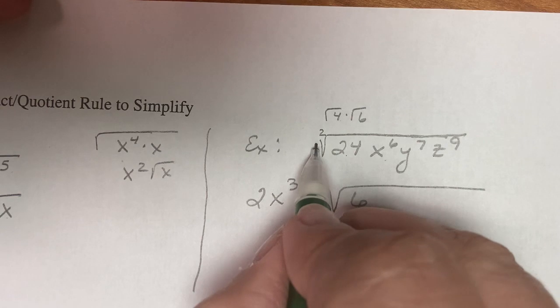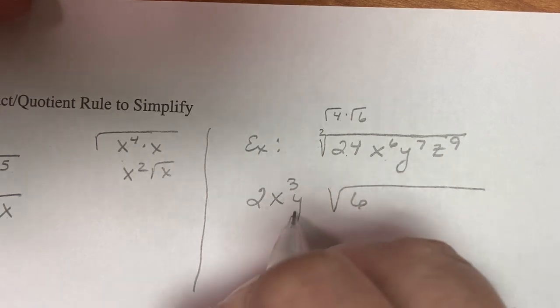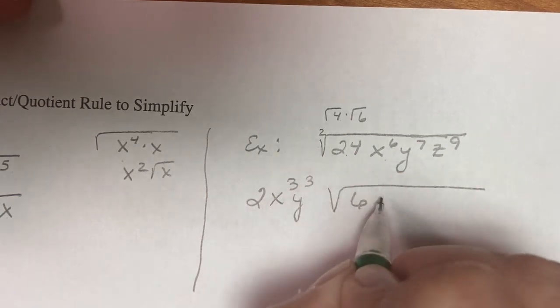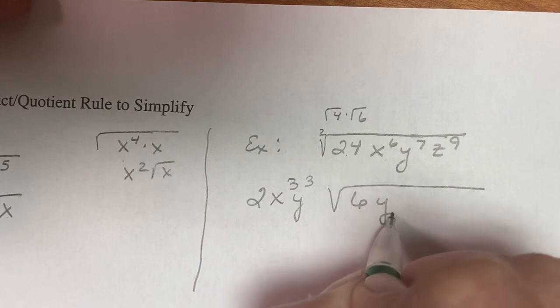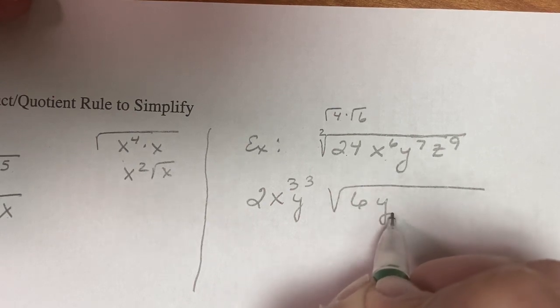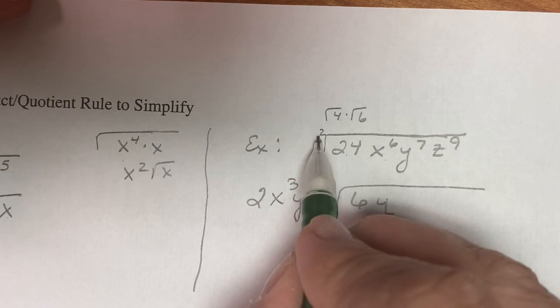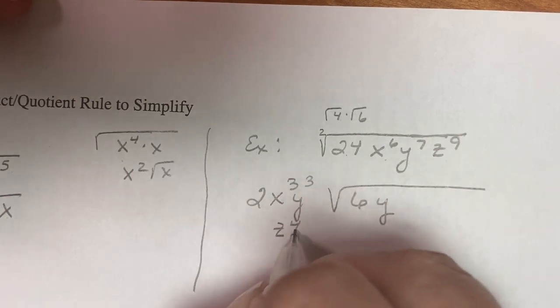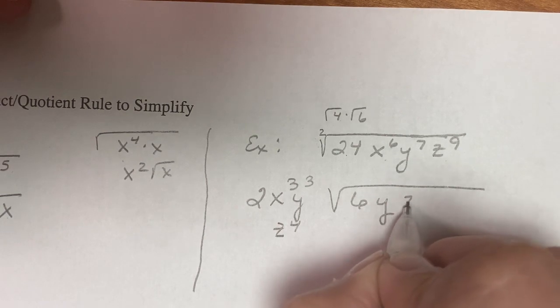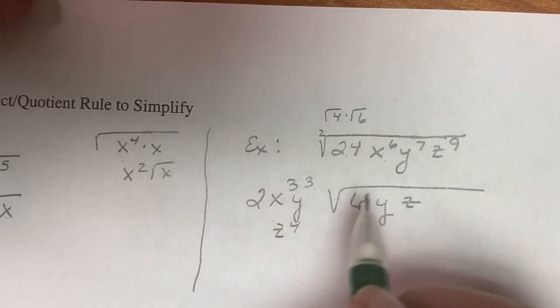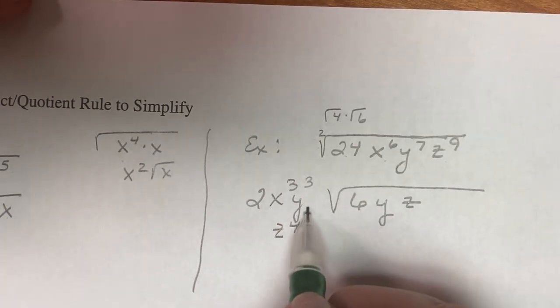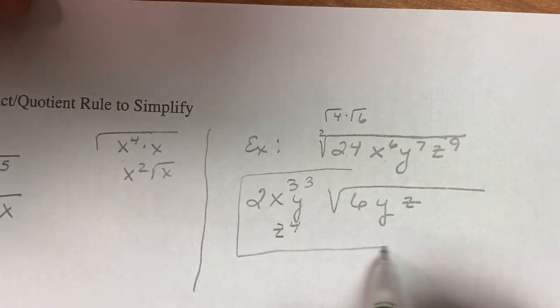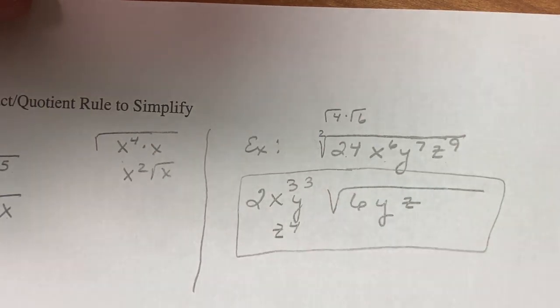Let's do the y's. 2 goes into 7 3 times with 1 left over. And how about the z's? Well, 2 goes into 9 4 times with 1 left over. Sorry, I couldn't put that z to the 4th right in there. So that would be your final answer.